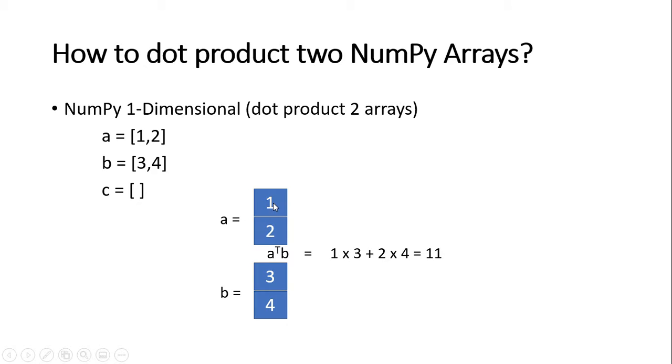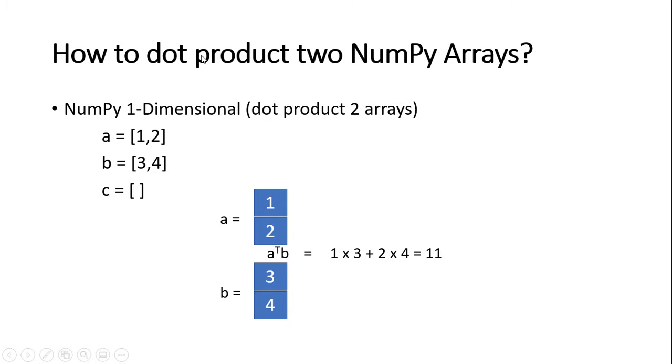In this case, the first element of the first array is multiplied with the first element of array B, and the product of these two elements will be added with the product of the second element of array A and the second element of array B. Then it will be 1 into 3 plus 2 into 4, and the output is 11.